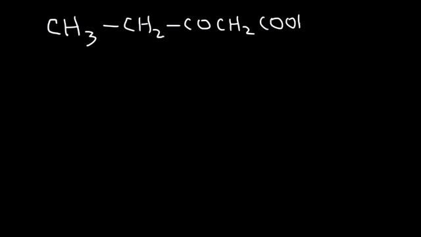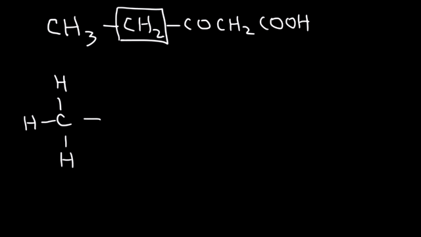So here's the challenge problem. Determine the number of sigma and pi bonds in this structure. Feel free to pause the video and work on this example. Now what we need to do is expand the structure. First we have a CH3, which is a carbon with 3 hydrogens. And after that comes a CH2, which is a carbon with 2 hydrogens.